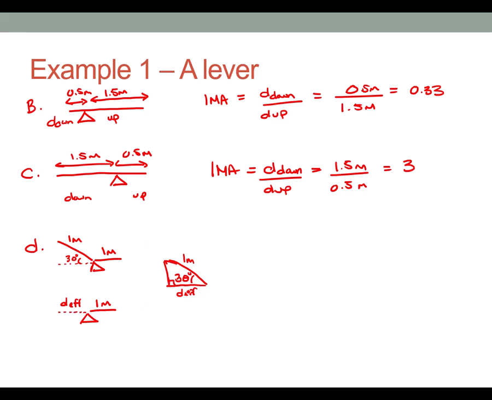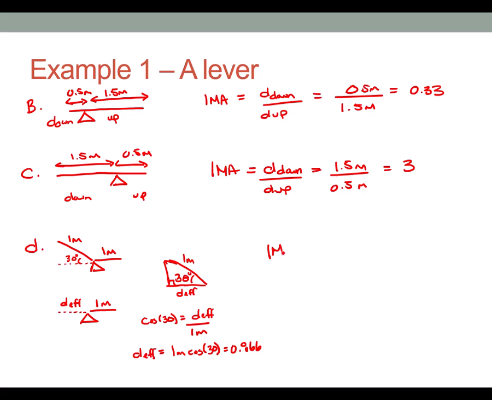And now we can see D effective is on the side adjacent. So cosine of 30 is the adjacent side divided by the hypotenuse. So if we unwrap this, D effective will be 1 meter cosine of 30, which is 0.866.